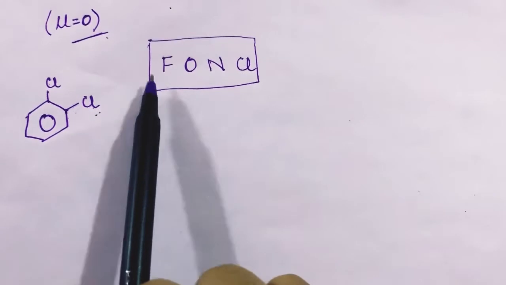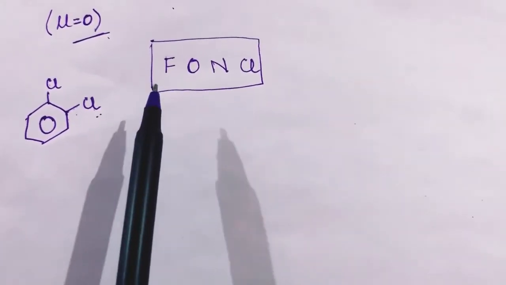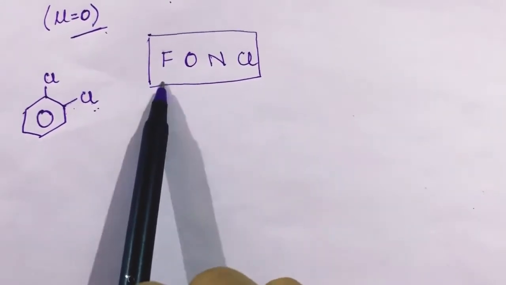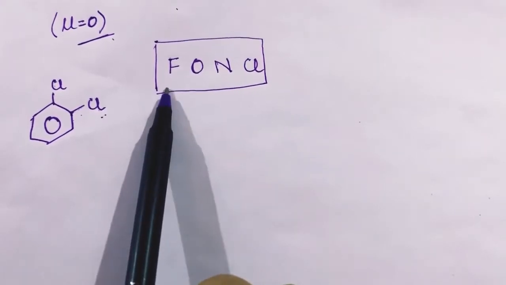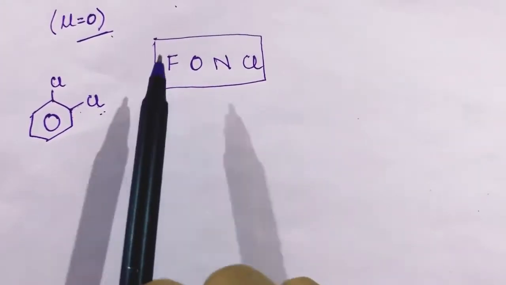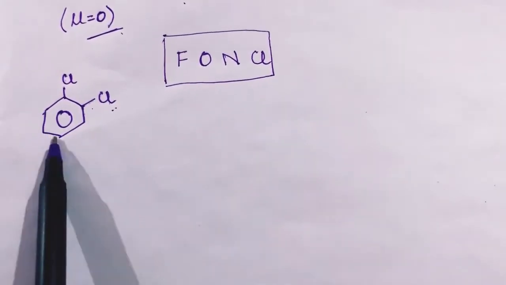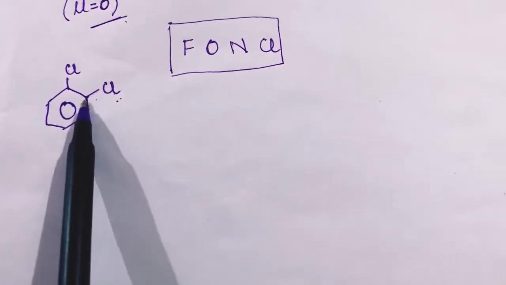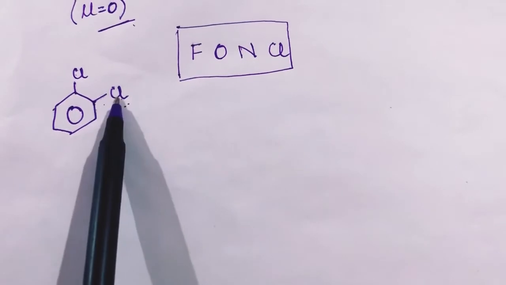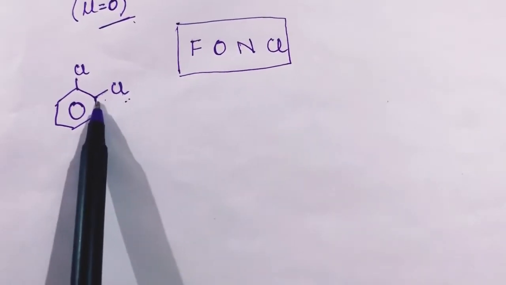Fluorine has electronegativity 4, so it is the most electronegative element in the periodic table, and followed by fluorine we have oxygen, nitrogen, and chlorine. So here we have carbon and chlorine, therefore chlorine is more electronegative than carbon.